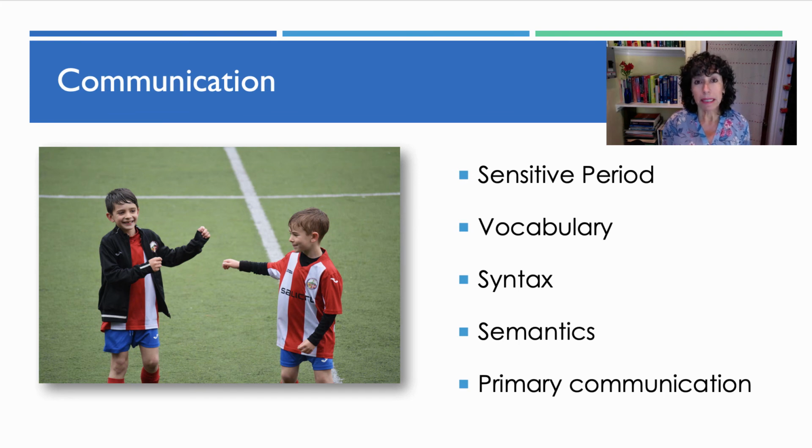Syntax and semantics increase and refine, so the child is more able to construct sentences and to convey thoughts accurately and precisely. Verbalization becomes the primary mode of communication, taking over for pointing, gesturing, making noises, getting an adult and pulling their hand towards something. So children become verbal during this phase.